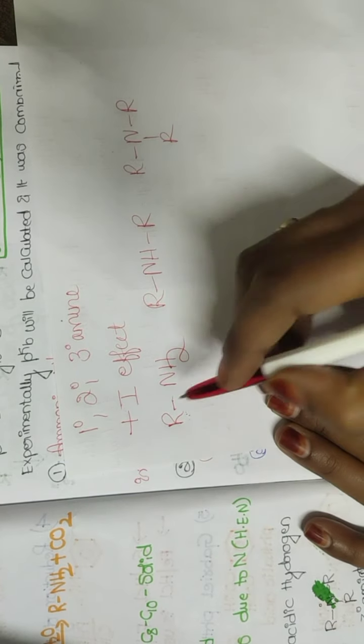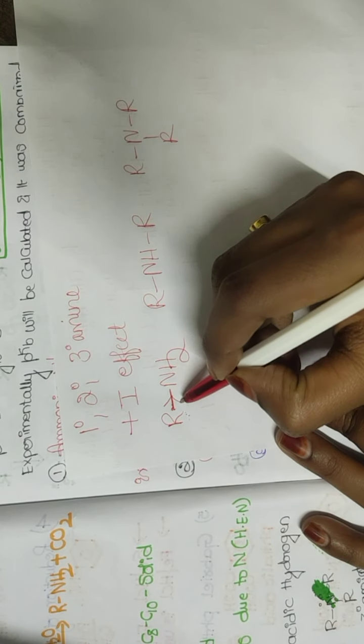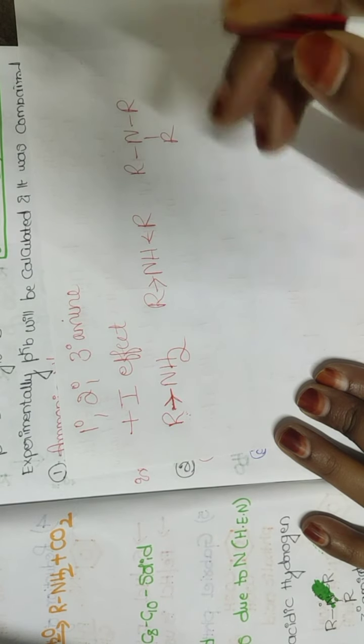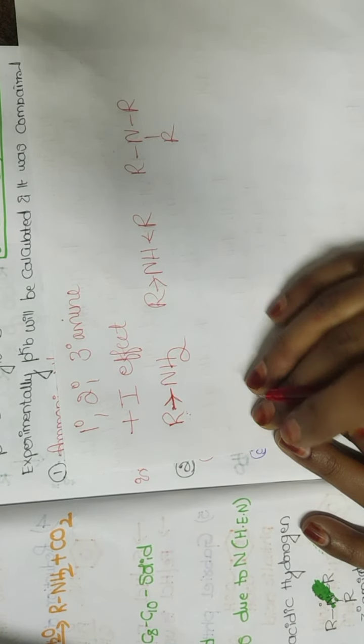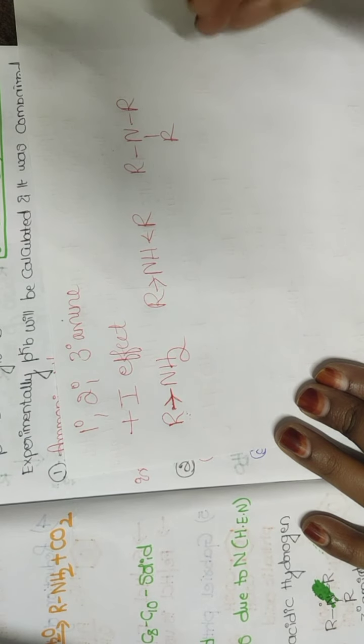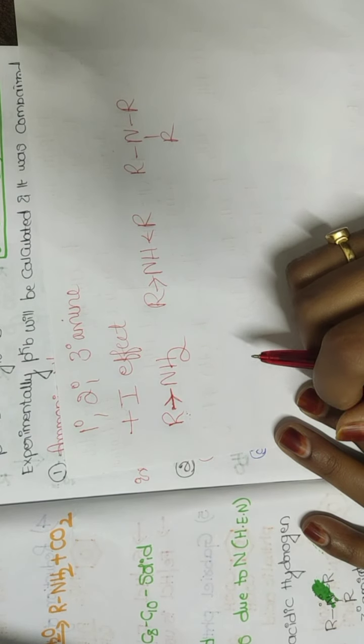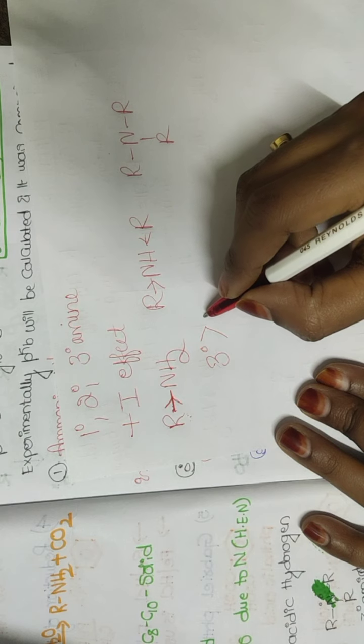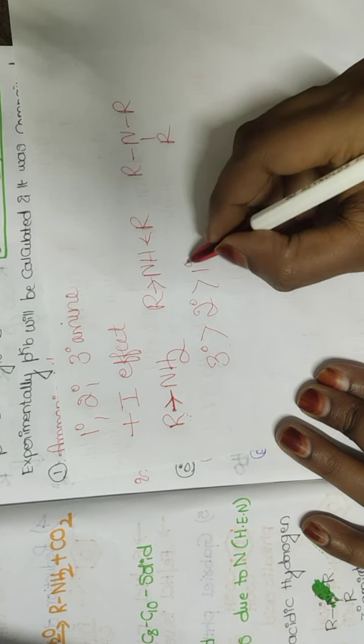So I hope you know that 1 R group, 1 inductive effect. If I have 2 R groups, 2 inductive effects. 3 R groups, 3 inductive effects. So which is having more inductive effect? Tertiary amine, followed by secondary amine, least in case of primary amine. So therefore here the order of basic nature will be tertiary, followed by secondary, followed by primary.